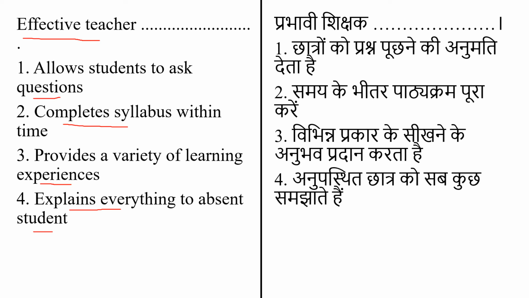When the learner is exposed to multiple learning experiences, their learning improves. So the effective teacher will be a person who provides a variety of learning experiences. That means the correct answer here will be option number 3, that is, provides a variety of learning experience.